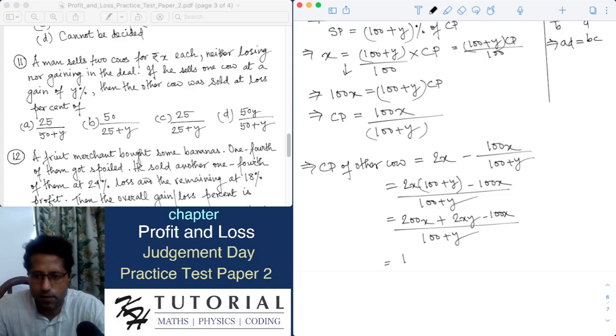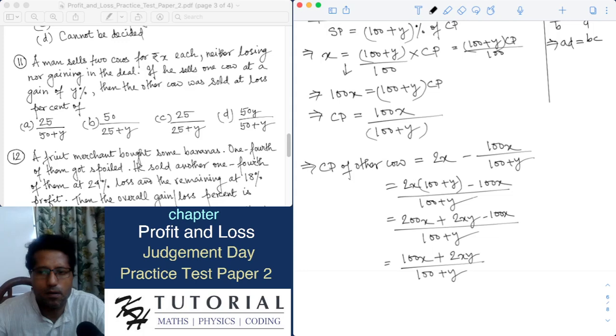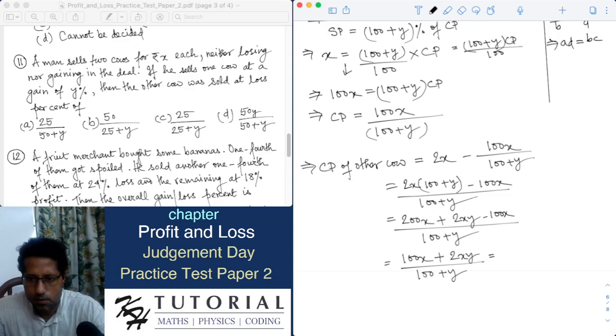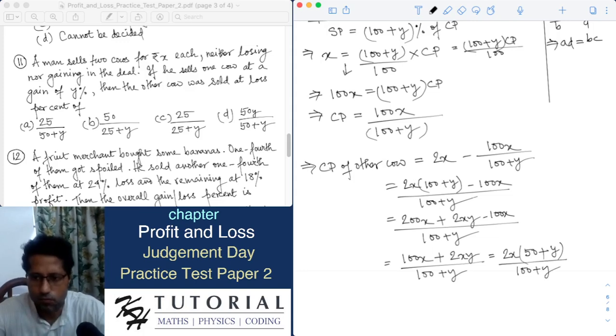This is 100x plus 2xy divided by 100 plus y. If we take 2x common, we get 2x into 50 plus y divided by 100 plus y. So this is the cost price of the other cow.